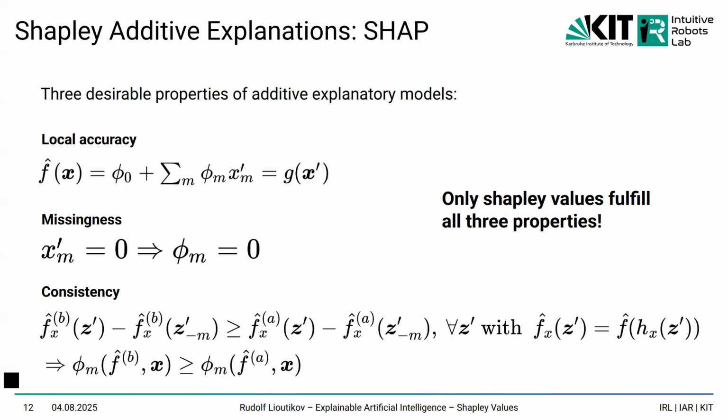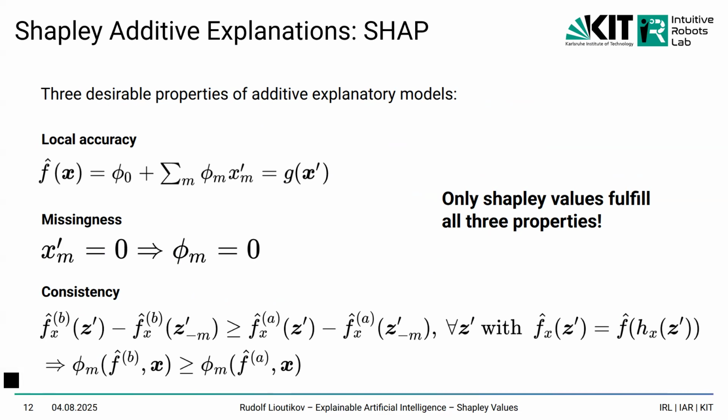No, the idea is that this is an equivalency that should hold. We want to have our local model around our simplified x dash, this simplified vector, and that one is computed just as an additive model, a linear model.